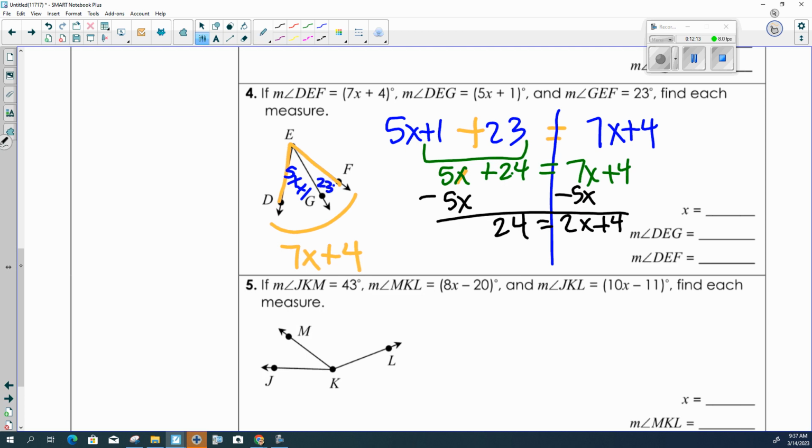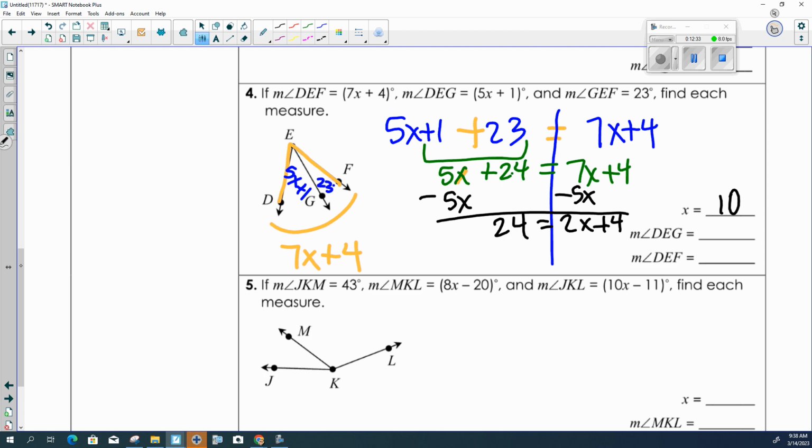All right, Cooper, what did you end up getting for x? 10. Seth, once I have x equals 10, how do I find the measure of DEG? Not this expression, but the actual degrees. Yes, so I'm coming back here.